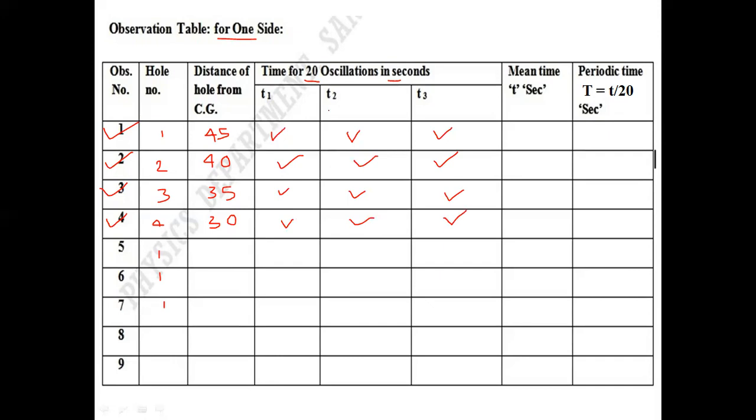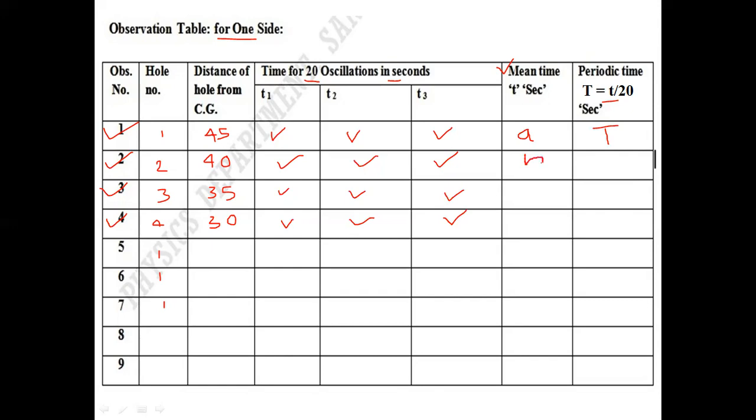After t1, t2, t3, find the mean time, which is the sum of t1, t2 and t3 divided by 3. Now suppose this A is the mean time, then divide A by 20 and you will get the periodic time capital T for the first observation.